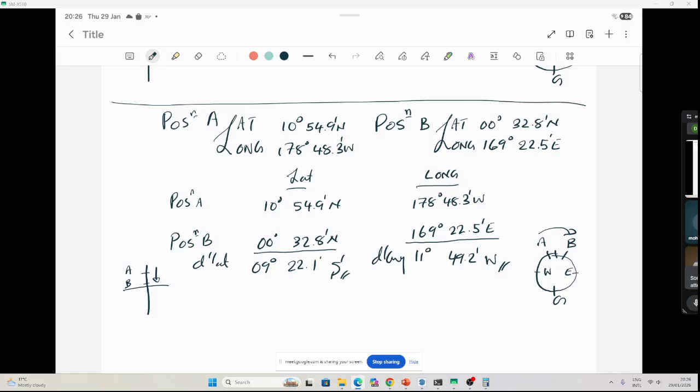Latitude A is 10 degrees, 54.9. Latitude B is 0 degrees, 32.8. So you have to subtract these two, right? 54.9 minus 32.8 is 22.1. Okay, so I have made a mistake here. Okay, sir, thank you, sir.